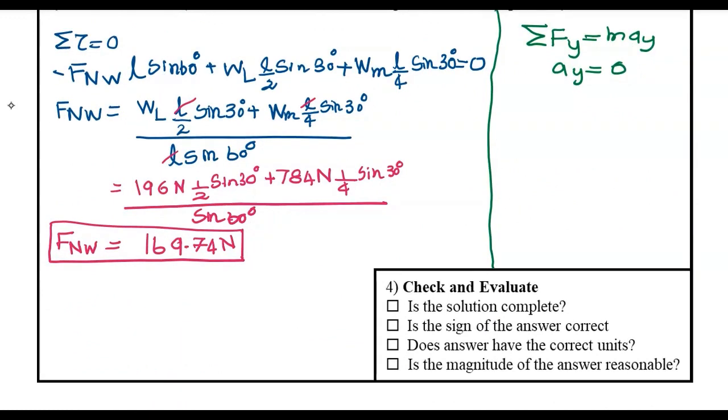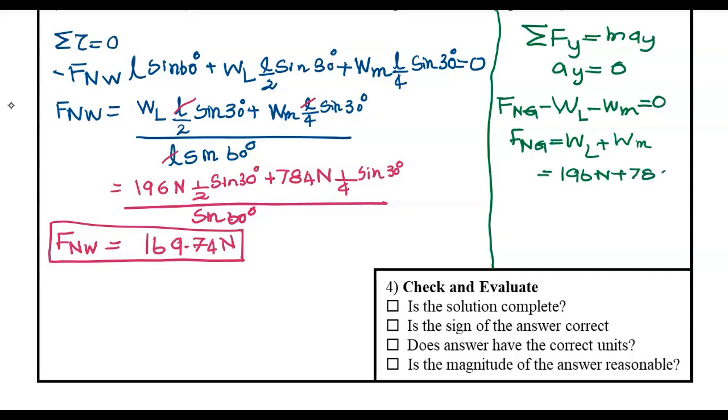You have to consider the weight of the ladder, the weight of the man, and then the normal force from the ground. Normal force from the ground is positive, acting up. The other 2 forces are negative. And the normal force from the ground is equal to weight of the ladder plus weight of the man. And we already did the calculation for the weight. Mass times 9.8 is the weight. And that would be equal to 980 newtons.